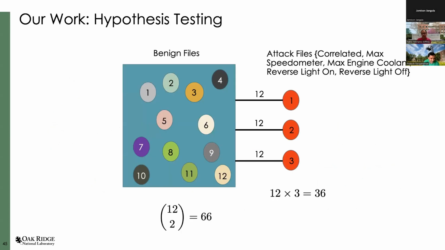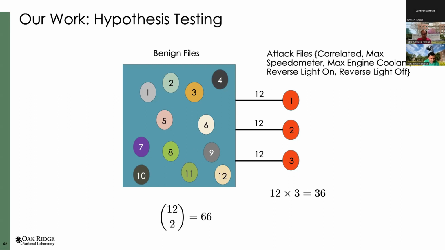We developed a hypothesis testing approach that allows us to compare distributions of similarity. Consider that in our experimental design we have benign files: 12 of these benign data collections. And we have, let's say here, 3 of these attack scenarios. We compute the distribution of these 66 possible pairwise combinations and compare it with each of the attack scenarios.